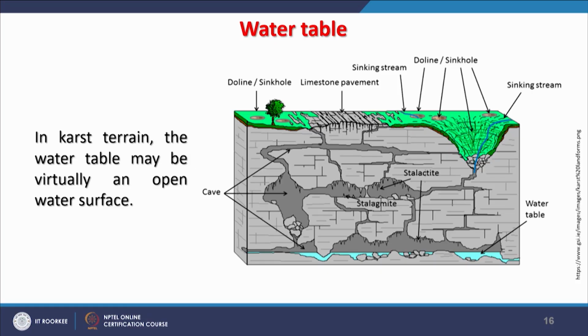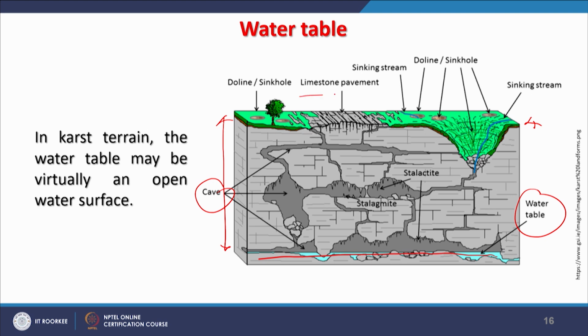In karst terrain, the water table may be virtually an open water surface. As shown here, in these caves you are seeing that water is there, but this top part is completely empty. These are the caves, and some caves might be interconnected, and you may have a sinking stream. Some stream suddenly disappears and saturates the subsurface.